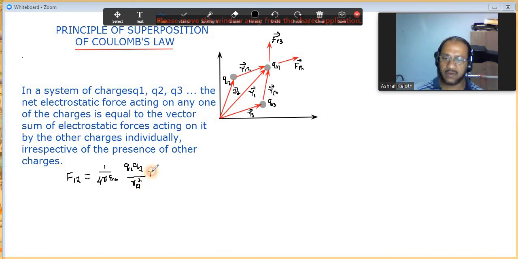To get the direction, we will take R12 cap. R12 cap is a unit vector moving from Q2 to Q1, that is this direction, that is the direction of F12.